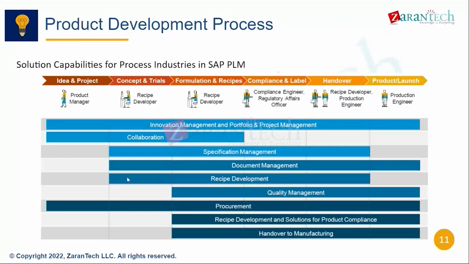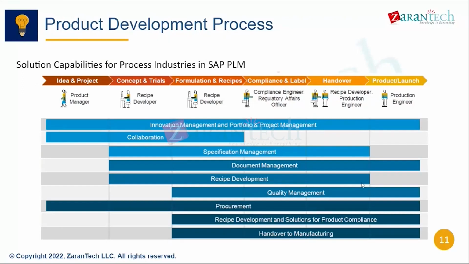Recipe development, you see, comes just before the handover to manufacturing. If something fails as per regulatory authorities in the compliance check, then the recipe needs to be rejected or not passed on to manufacturing.